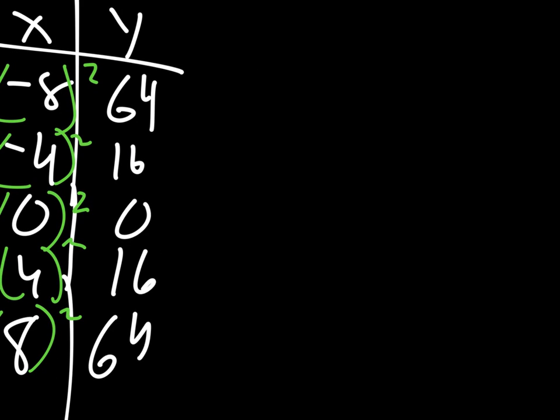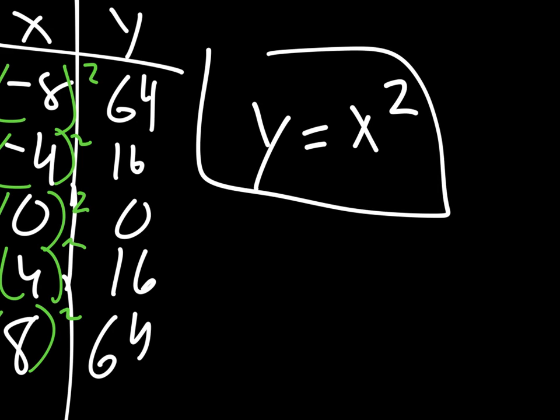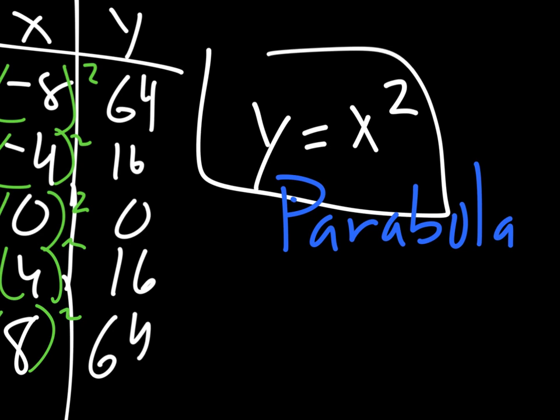So the function rule is going to be the same like in the earlier example. You're going to have y equaling x squared, basically. That's quite simple. Quite simple rule. That'll come up kind of often. When you get to Algebra 2, I'll teach you that this is called a parabola. Okay? Just write it in your notes, and we'll get to it later in life, okay?